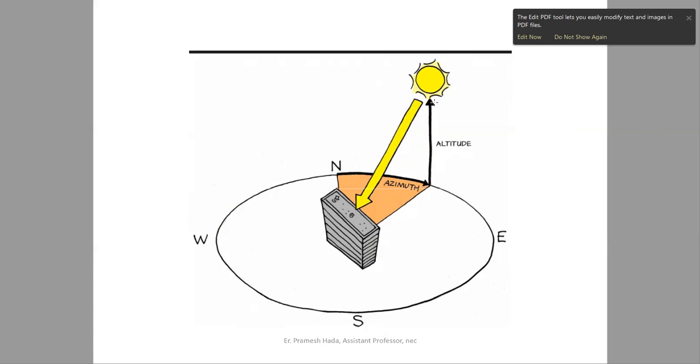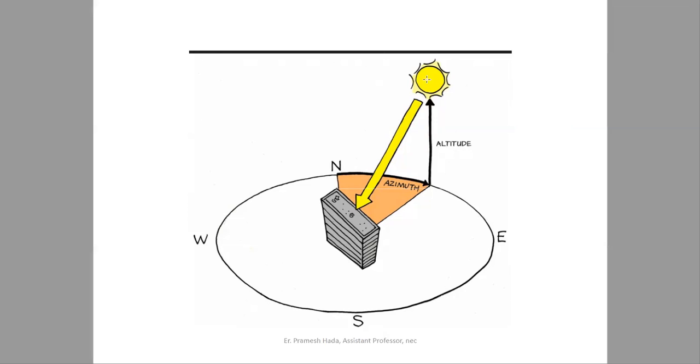Suppose a point is here, suppose it is a star, located here. When its projection comes down here, then the angle between the projection of that star and the actual north will be the azimuth.